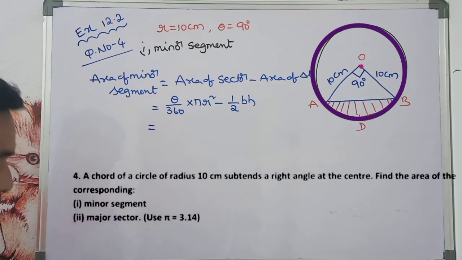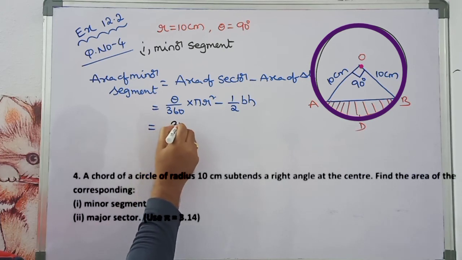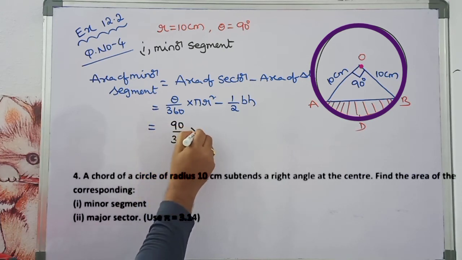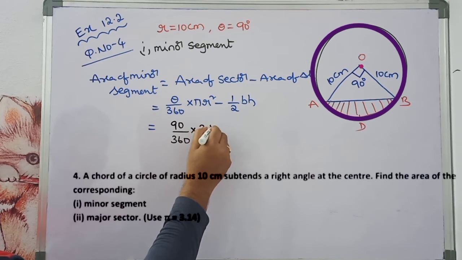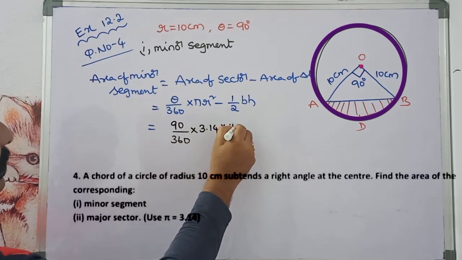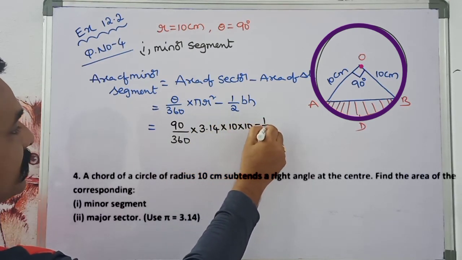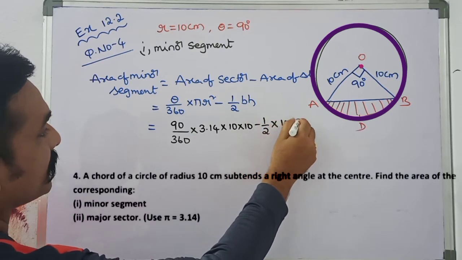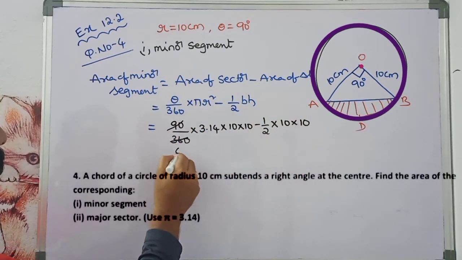Since theta equals 90 degrees, 90 by 360 into pi, we take 3.14, and the radius is 10 into 10, minus half into 10 into 10. 90 will go here 4 times.